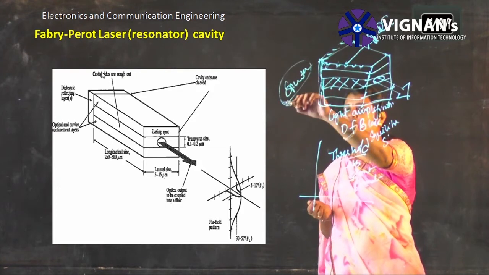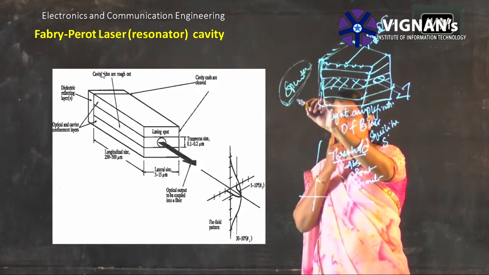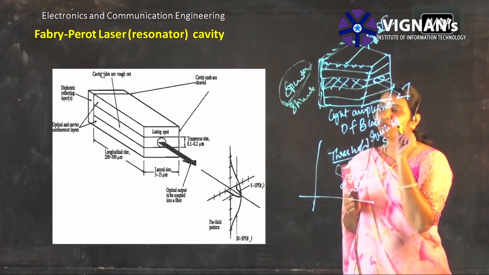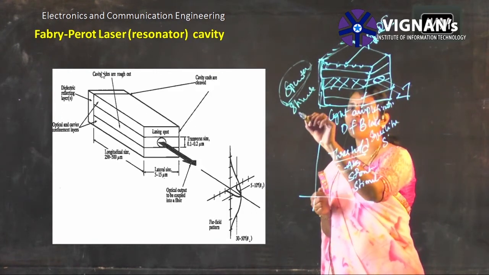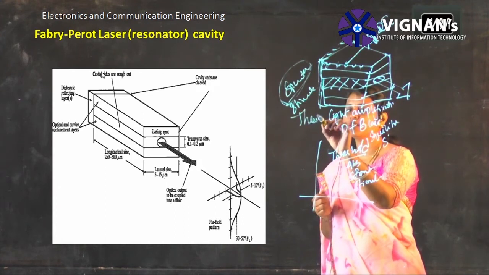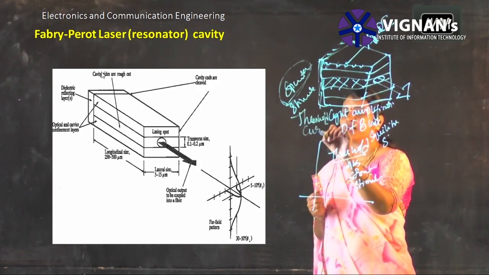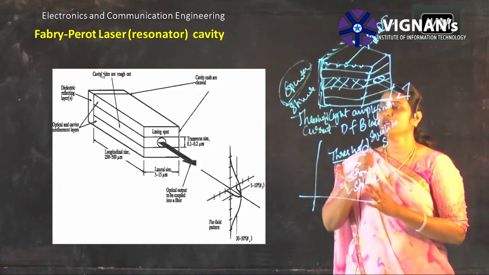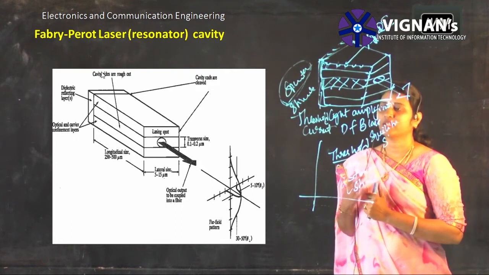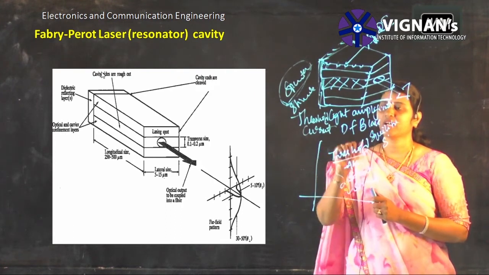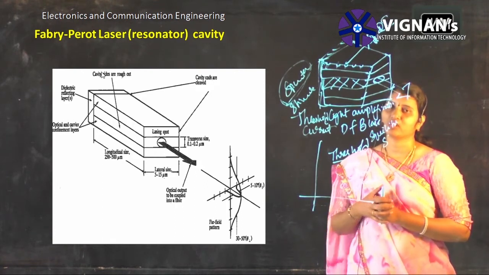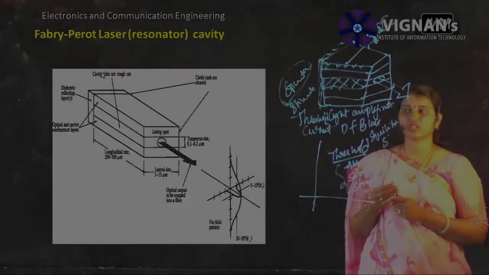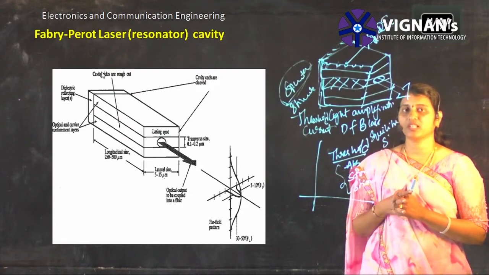When stimulated emission starts, only then will amplification occur. This happens when the laser reaches its threshold current. Until then, spontaneous emission will only generate the photons. When the threshold current has been reached, the stimulated emission will start and the lasing action will start. Okay, this is about the laser device, its construction and its properties.